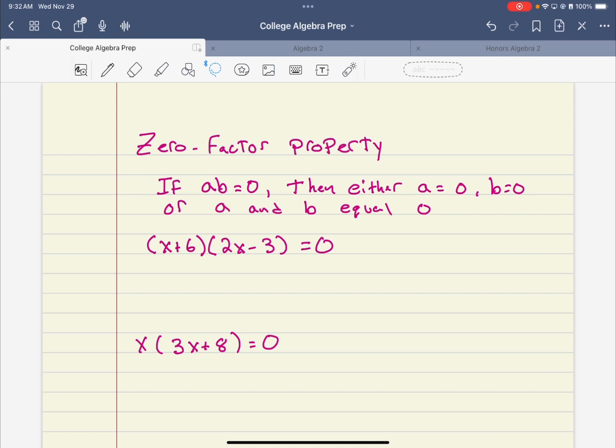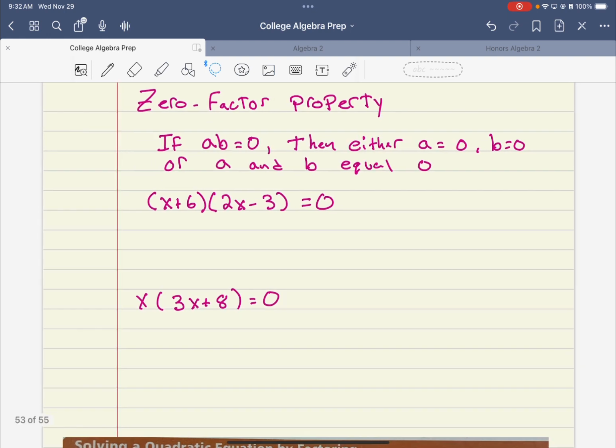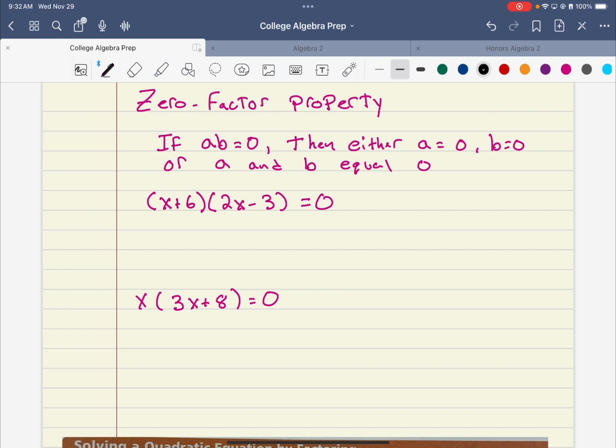So what the zero product property says is that if I want to figure out the solutions to this equation, one of two things or both have to happen. Either x plus 6 is equal to 0, or 2x minus 3 is equal to 0, or both of them are 0.